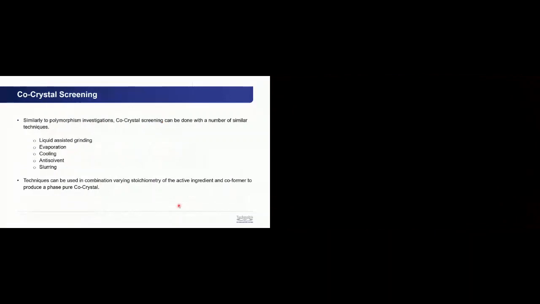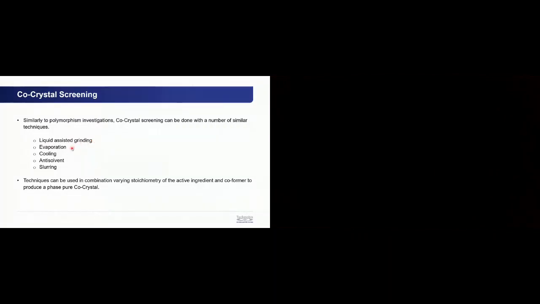Once you've selected co-formers and decided you want to start doing a co-crystal screen, you use a range of techniques. Similar to polymorphism, a lot of the techniques are similar to what you use in a polymorphism screen. So you'd look at liquid-assisted grinding, where by creating high-impact interactions between two steel balls with solvent in there, you can help ripen the solids.